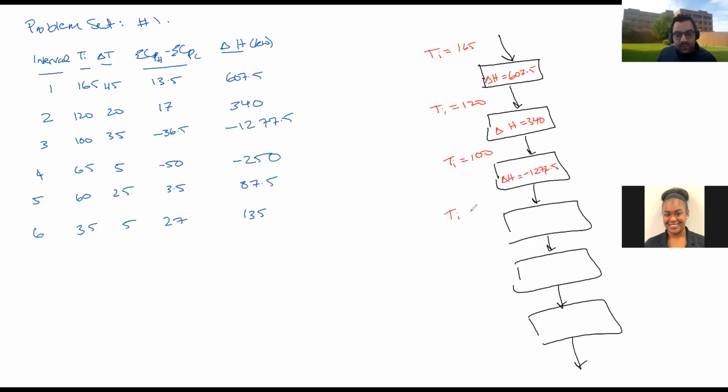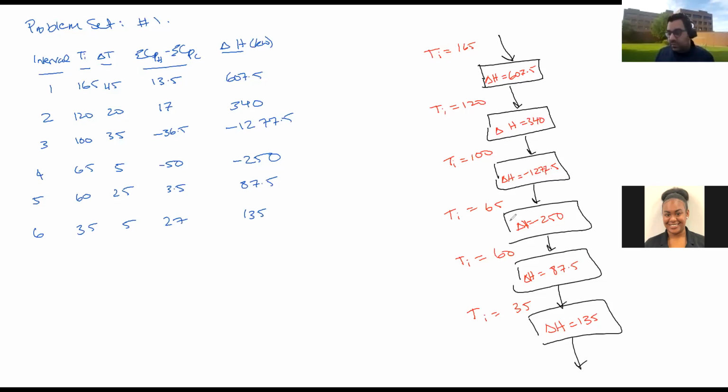We got to the fourth interval, initial temperature is 65. And the delta H here is minus 250. This interval, the initial temperature is 60. Oh, I forgot the H here. And the delta H here, 87.5. And then finally, the initial temperature is 35. And the delta H is 135. Okay, so I just populated it. On the left-hand side, I write the initial temperature of each interval. In the boxes, I write the enthalpies of each interval.